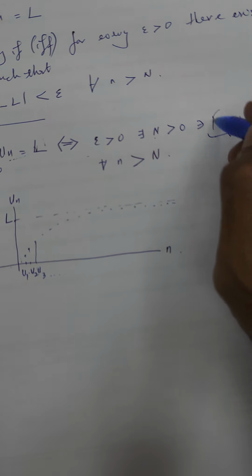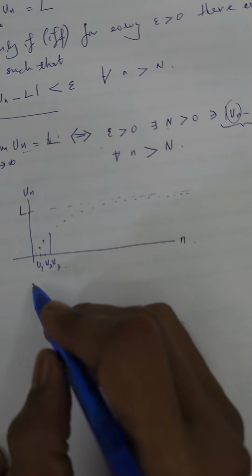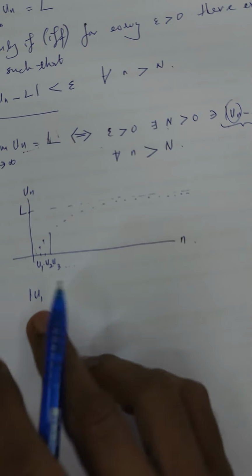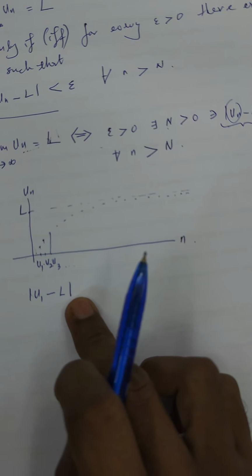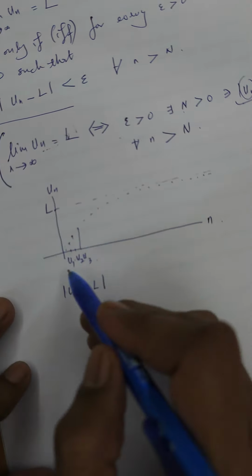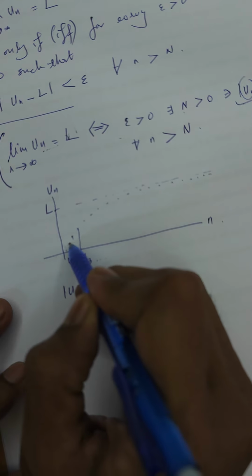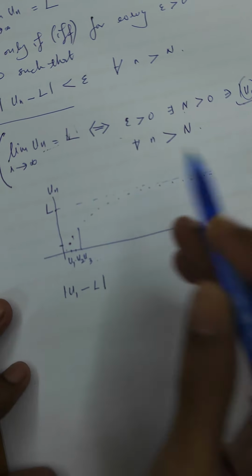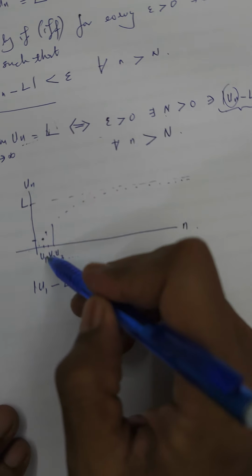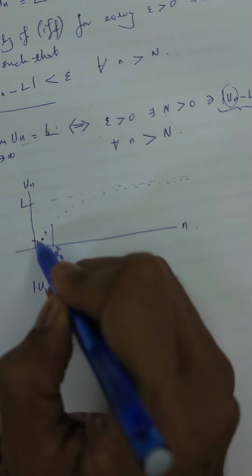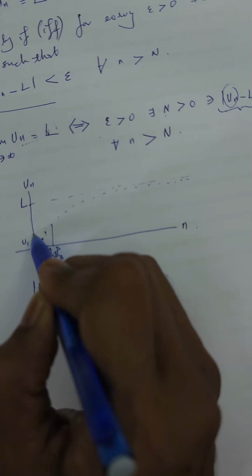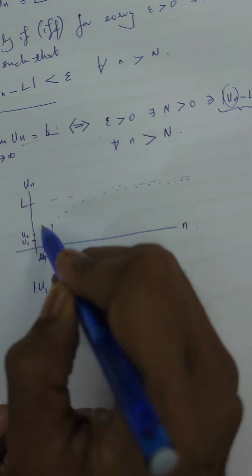So if you consider u1, take the difference u1 minus L. Of course, this gives you a positive number. Sorry again, this is 1, 2, 3, and so on. So this is u1, this is u2 here, and so on.